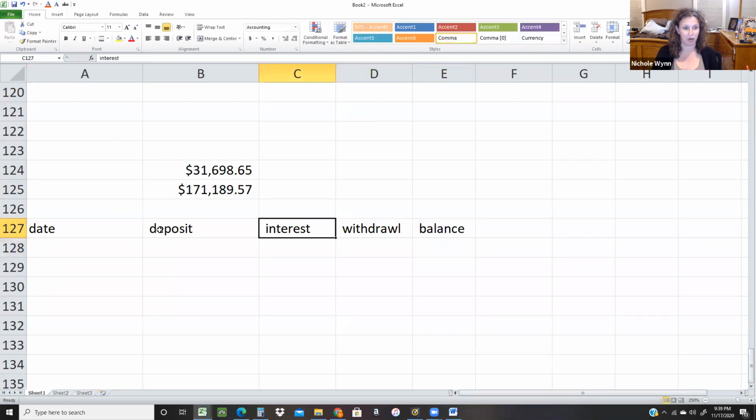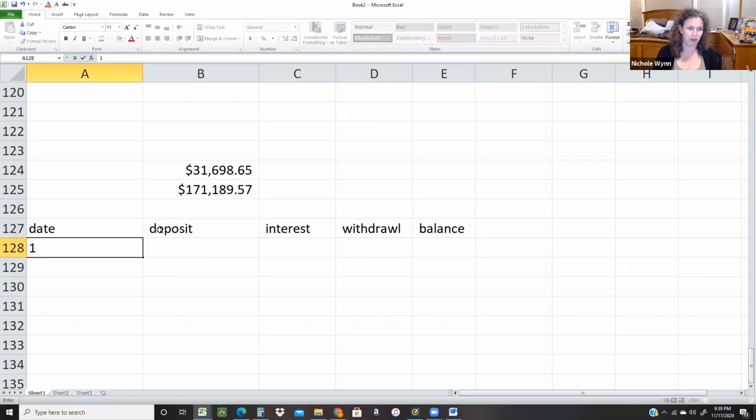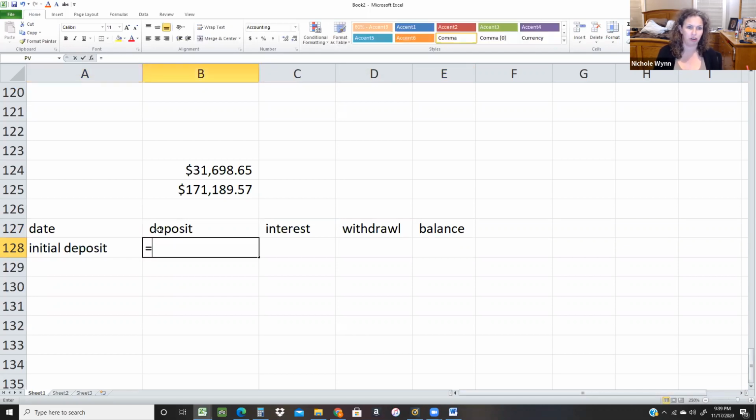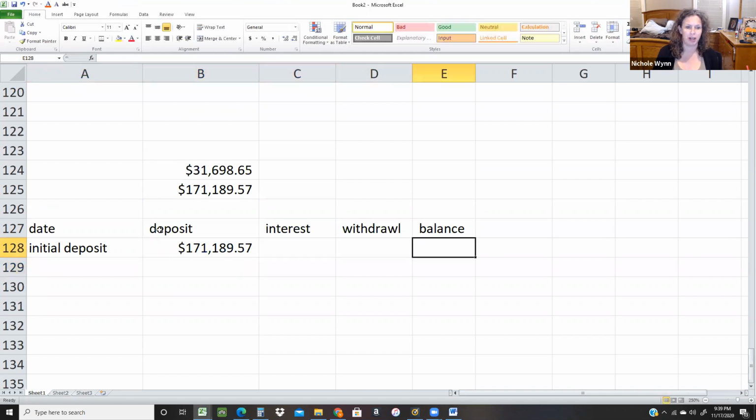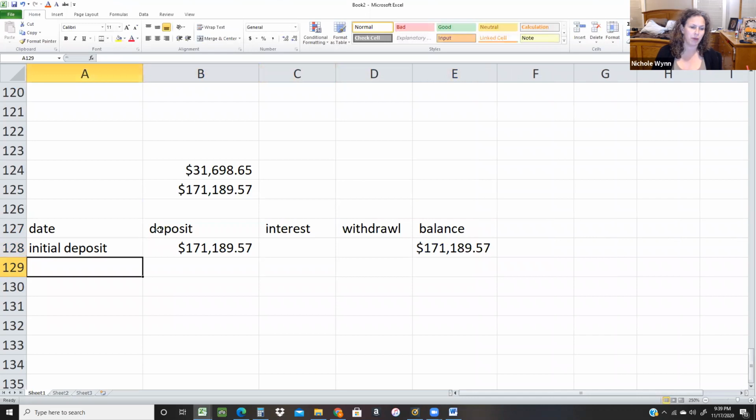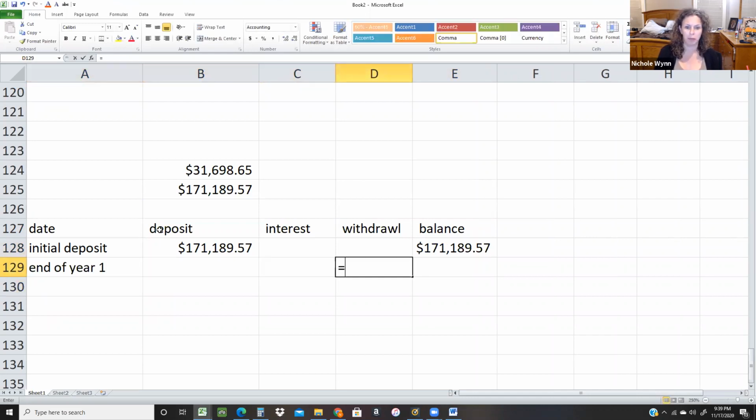So it's kind of like a bank account. So on the first day, the initial deposit, you're going to start off with 171,189. So that's the balance. But at the end of year one, you are going to pull out $20,000.